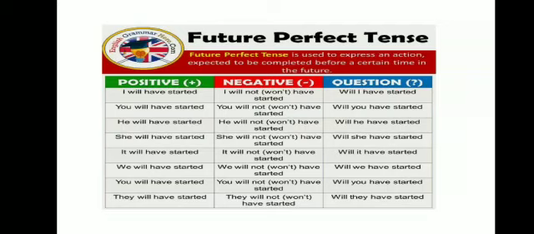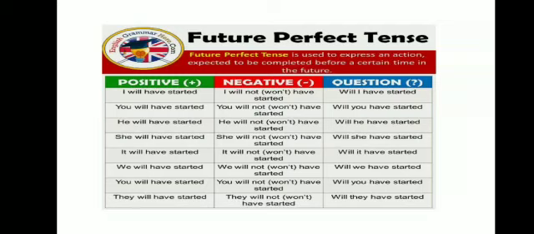Okay. He will have started. She will have started. I shall have started. We shall have started. Okay. Will is given here, but according to grammar rule we will put shall have with I and we.